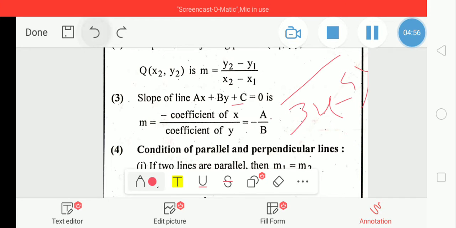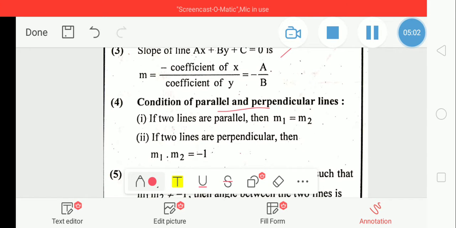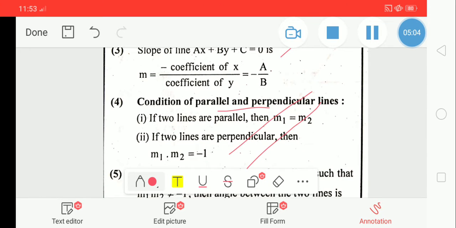Condition of parallel and perpendicular lines. We know that जब दो लाइन पैरेलल होगी तो उनका स्लोप सेम रहेगा बिकॉज दे आर नॉट इंटरसेक्ट, so their slopes are the same. So if two lines are parallel, then m1 is equal to m2, means slope of one line is equal to slope of another line.